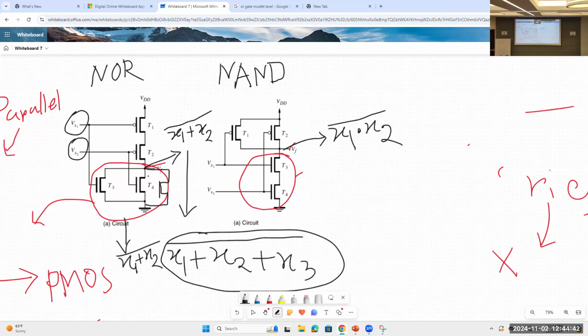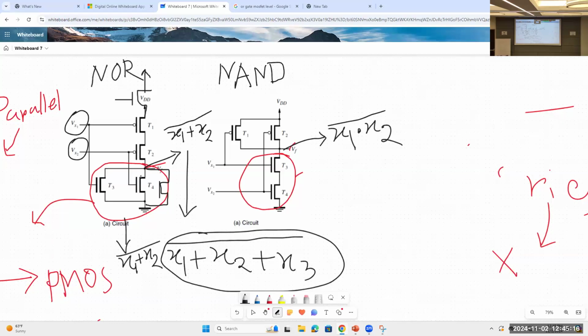We have to do the same for the PMOS network: we add another transistor in series, because the opposite of what we do in the NMOS case, we do for the PMOS network. So we add another PMOS right here, and insert x3, or Vx3.